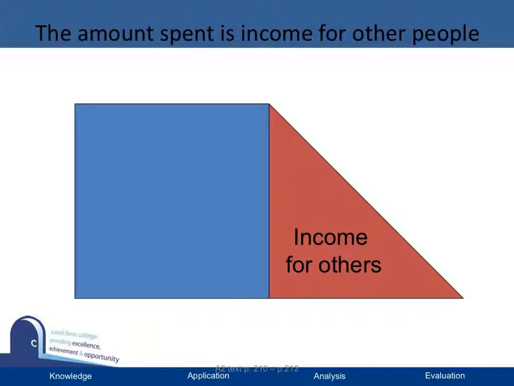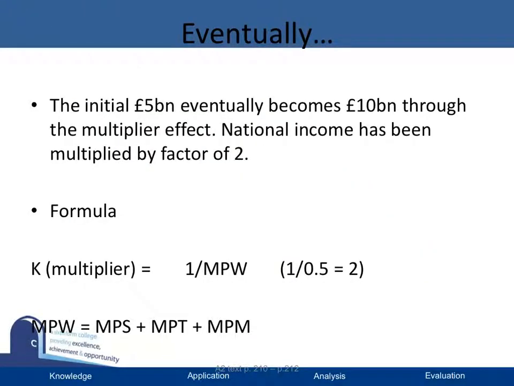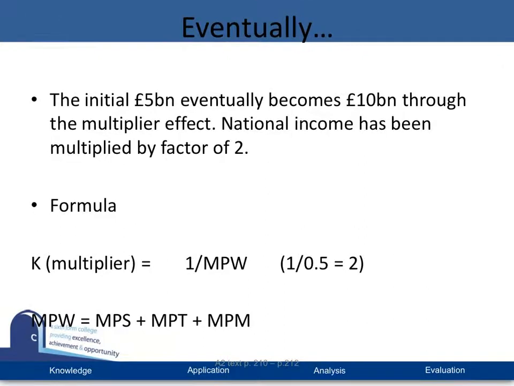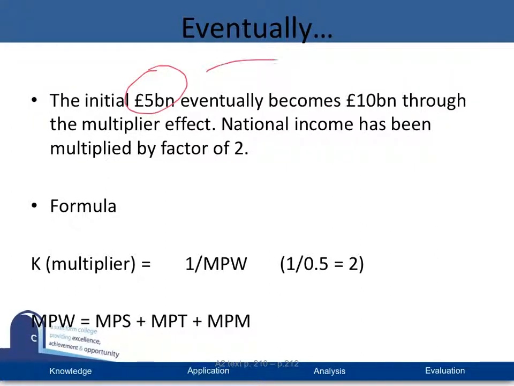That then becomes income for others within the economy. So eventually that initial £5 billion that the government chose to inject into the economy becomes 10 billion. So in this instance, the multiplier K has a value of 2.